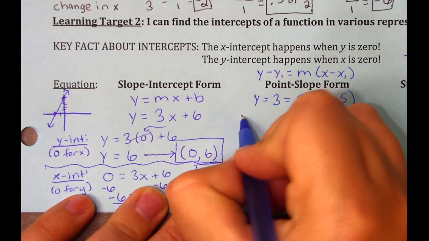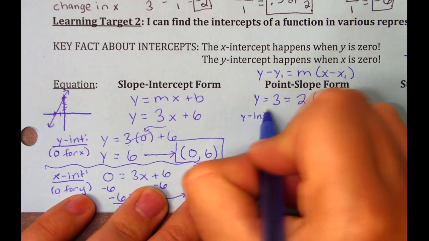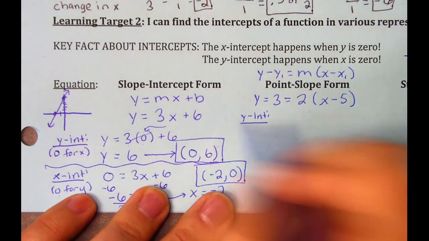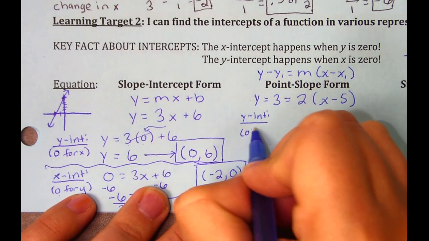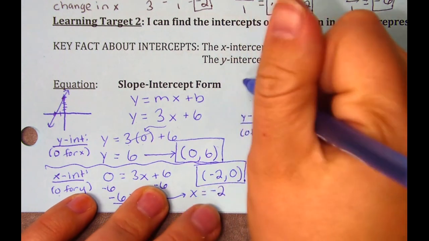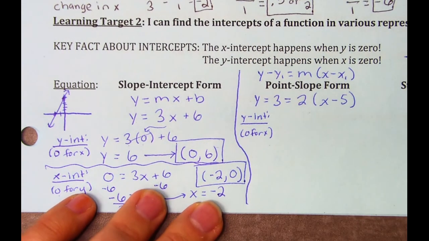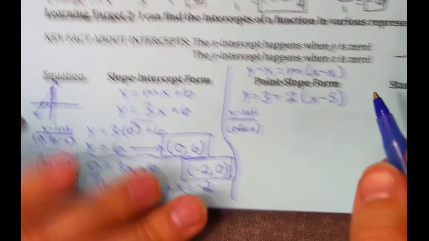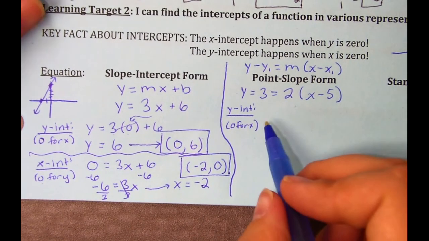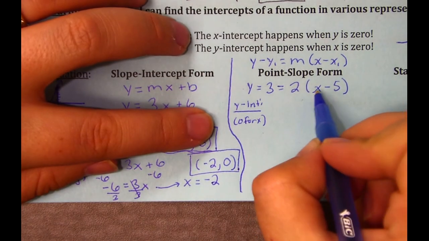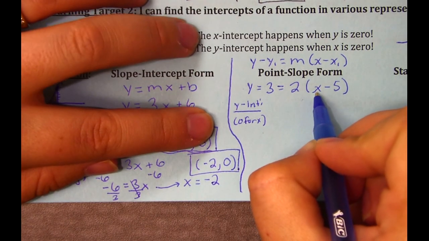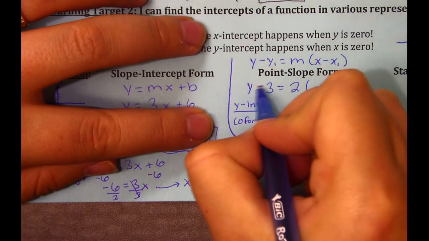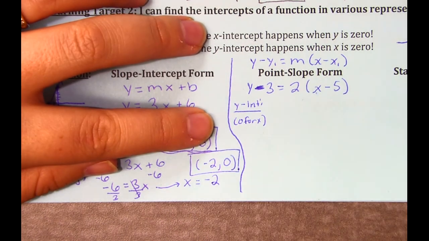Now, for the y-intercept, we put 0 in for x. I need to separate these. So for the y-intercept, I'm going to put 0 in for x. So I'm going to put a 0 right there, and then try to figure out what y is. Whoops, that should be a minus sign.